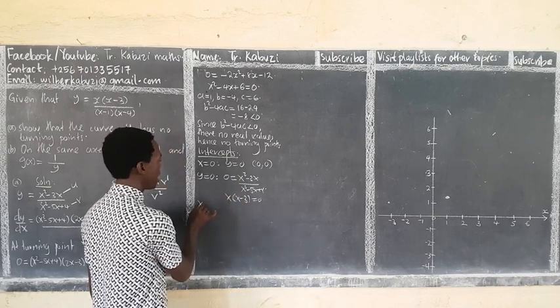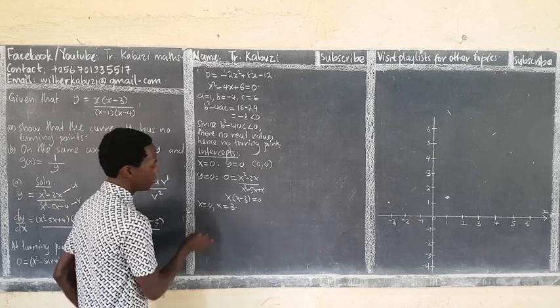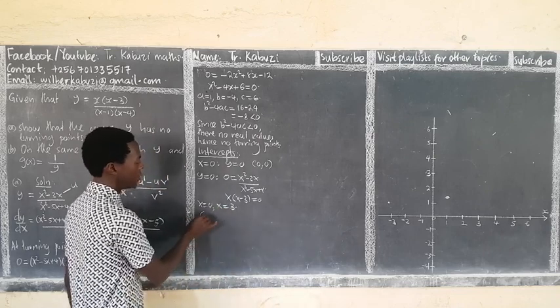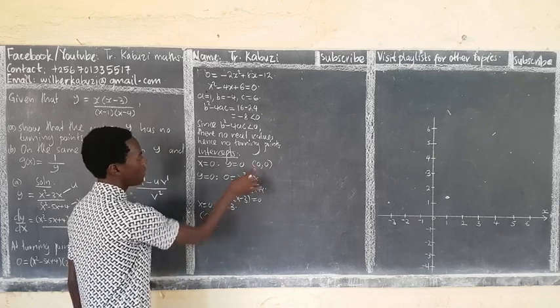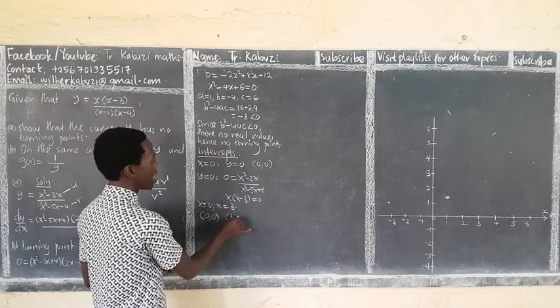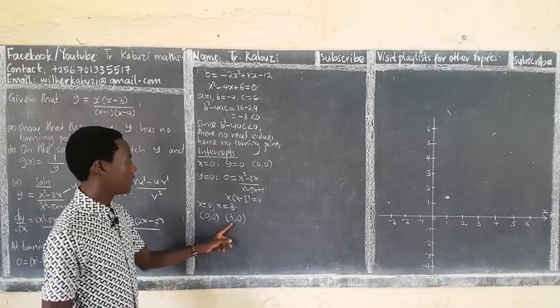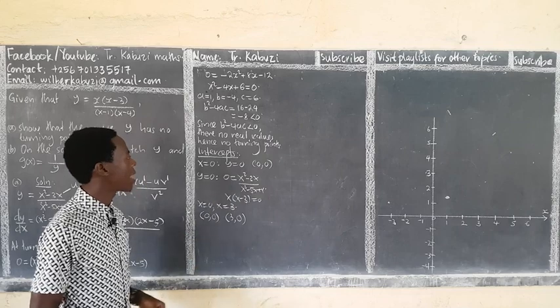So you have either x is 0 or x is 3. So our intercepts are 0, 0, which we have already, and then x is 3, y is 0. Those are the two intercepts we have, because this is the same as that.